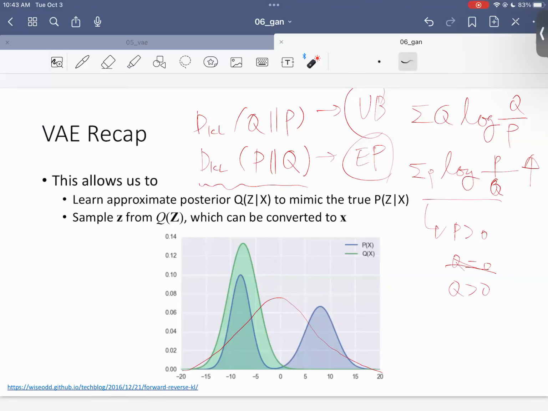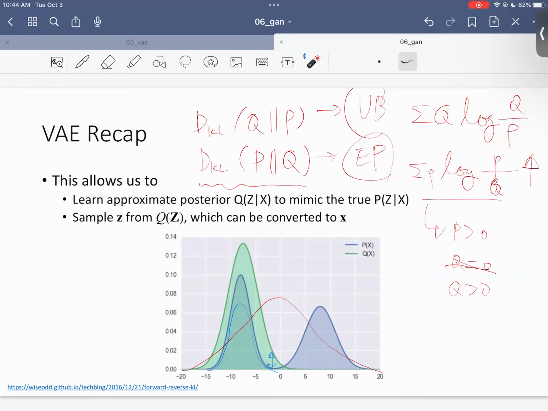So that is why we will see a line like this. If there's a gap between the two, like Q is higher than P, this guy will blow up, so we don't want that to happen, right? So that is the difference between the two.